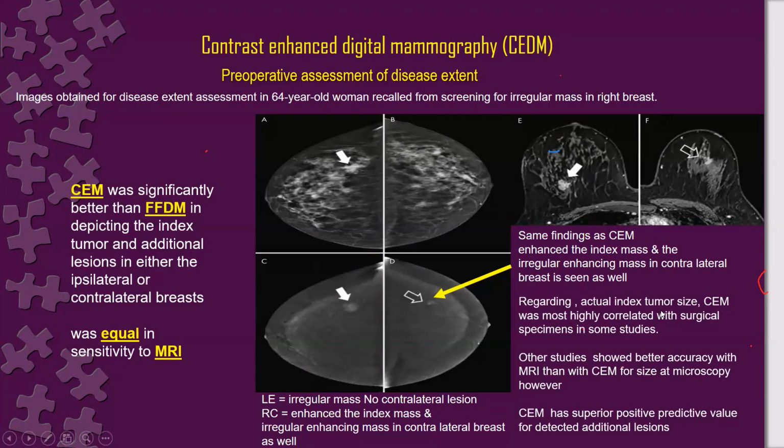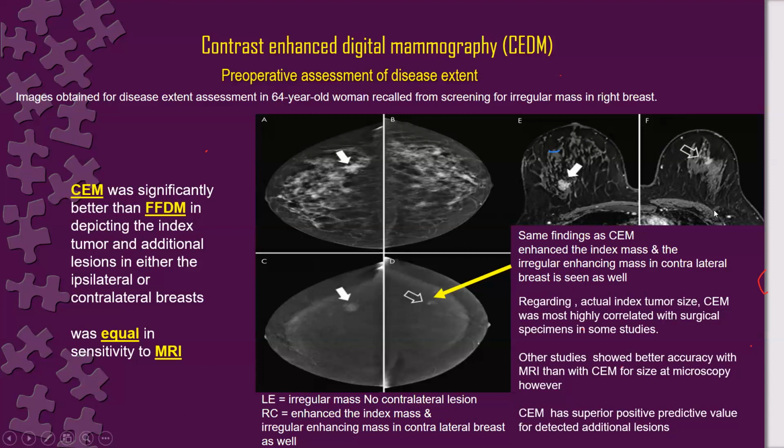Regarding actual index tumor size, as you know, the most sensitive is MRI, and now they say contrast enhancement has a near result to MRI. Furthermore, contrast enhancement has superior positive predictive value for detected additional lesions.